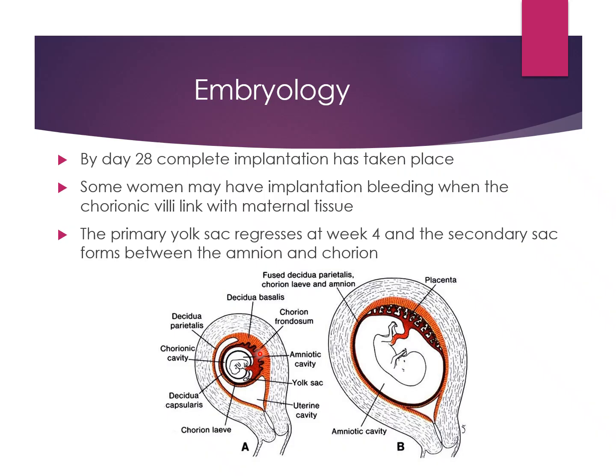So about 4 weeks before they come to us, that primary yolk sac has regressed, and we get the secondary sac. Now, this secondary sac, you can see it here. It is going to form between the amnion and the chorion. Okay, and that is what we may or may not see when we come for that first ultrasound, is the chorion and the amnion.